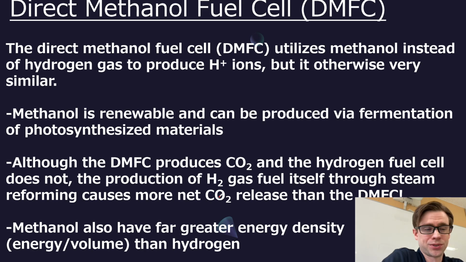So if our goal is to reduce greenhouse gas emissions, the DMFC might actually be a better choice. It probably is at this point in time. Now, methanol also has far greater energy density, energy per unit volume, so like joules per meter cubed of fuel, than hydrogen.